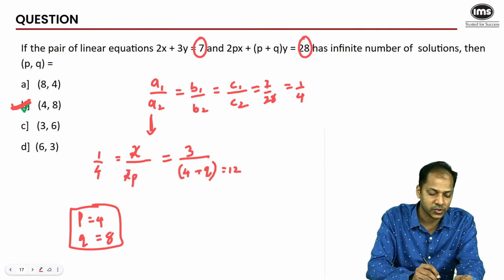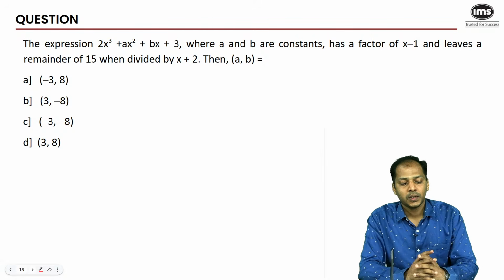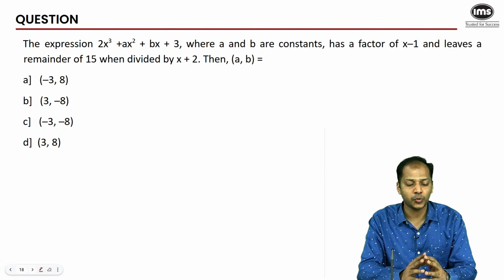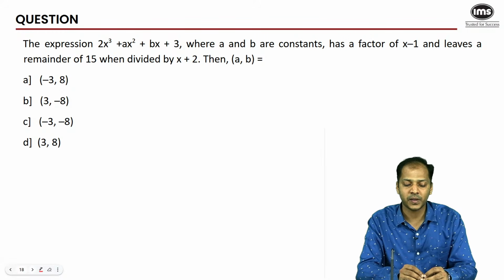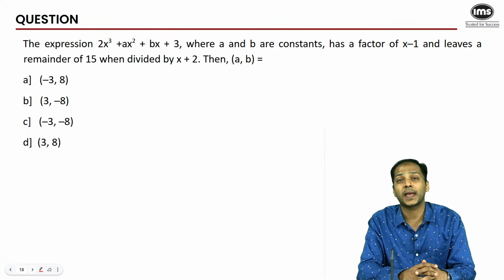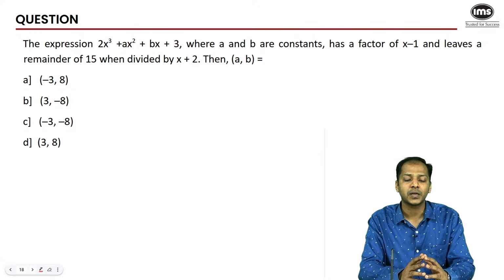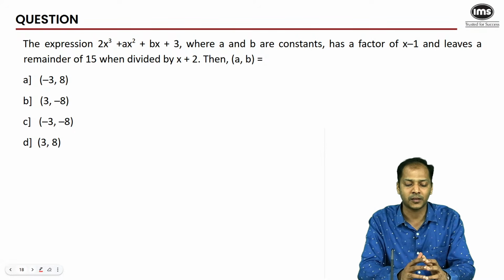Okay, so let's go ahead. The expression 2x cube plus ax square plus bx plus 3, where a and b are constants, has a factor of x minus 1 and leaves a remainder of 15 when divided by x plus 2. Again, by observation we realize we'll be using the factor theorem and the remainder theorem here.